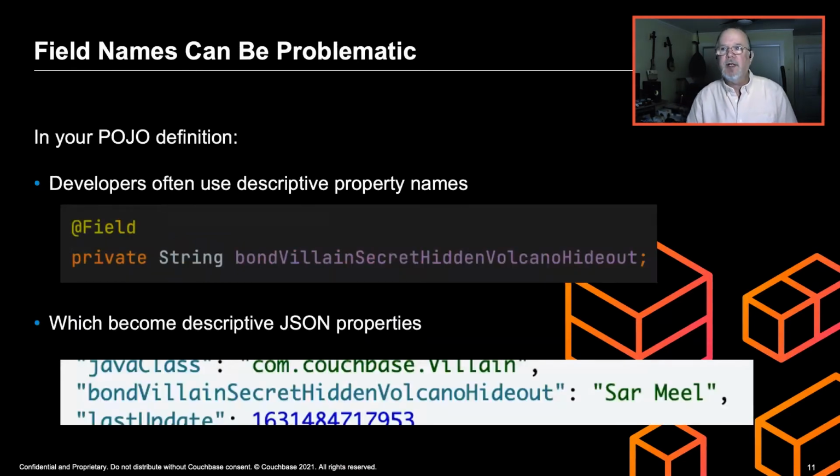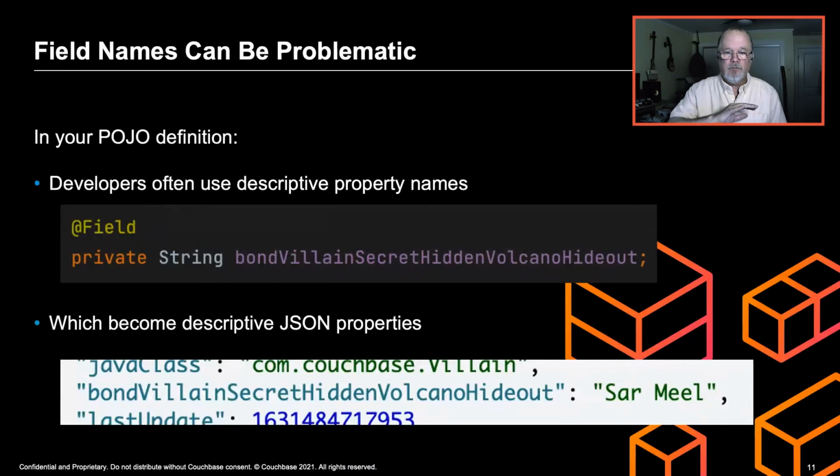The third aspect about your data modeling is your field names can be problematic. Developers have a tendency to like to use very descriptive property names, and some of these can be very long. And the problem with this is these become very descriptive JSON property names.